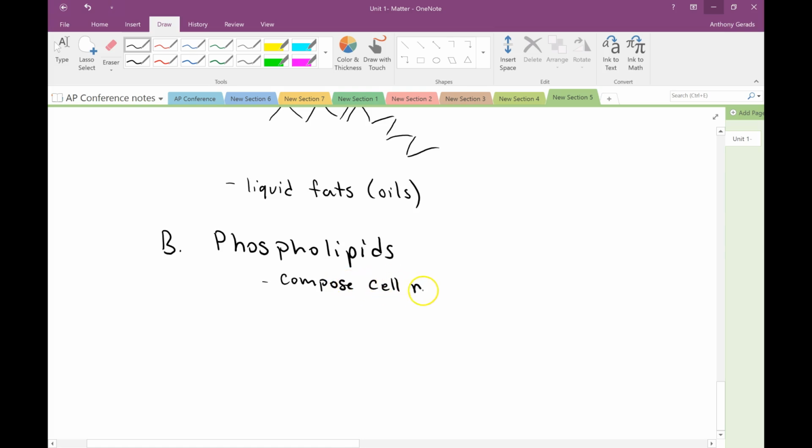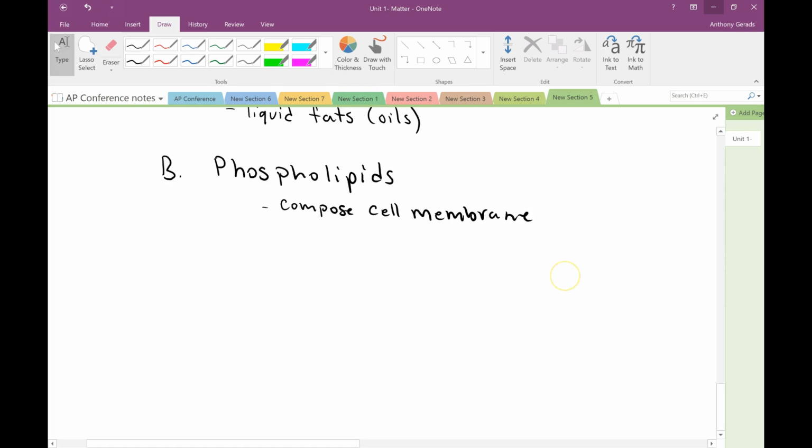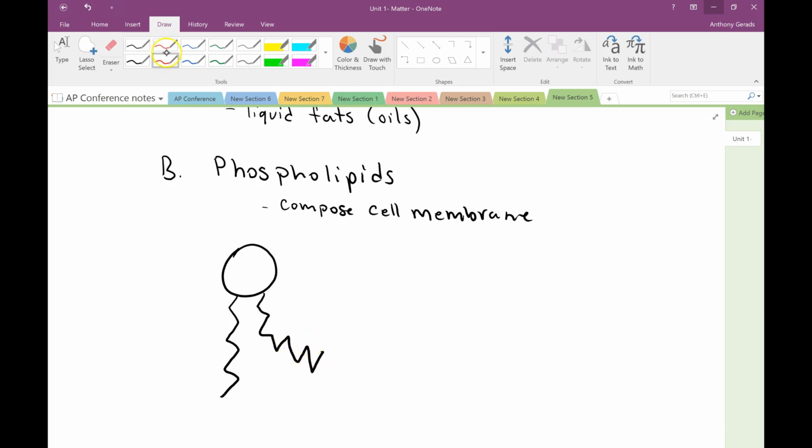They compose the cell membrane, and how they look, we've got a phosphate head and we've got lipid tails. That phosphate head is polar, and those lipid tails are nonpolar.